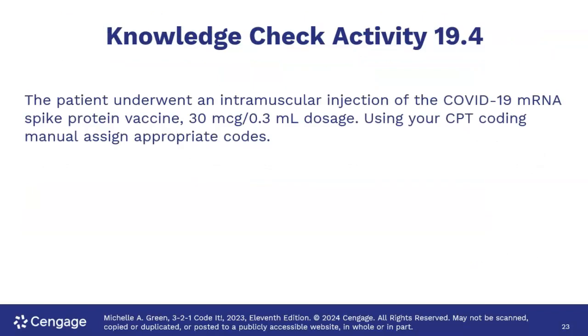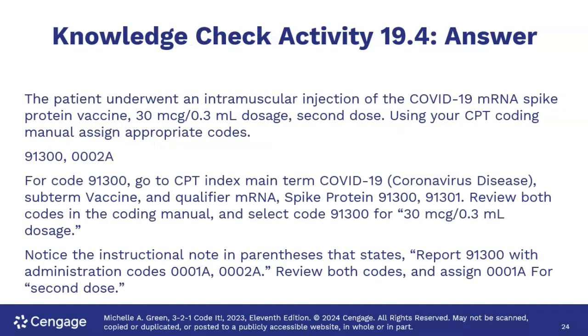Knowledge check. Patient underwent an intramuscular injection, the COVID-19 spike protein vaccine. Use your CPT code and manually assign the appropriate codes. Okay, this is a great example. So with that, we are going to have 91300, which is, you're going to look under your vaccine qualifier mRNA, which is going to be our 91300 code.